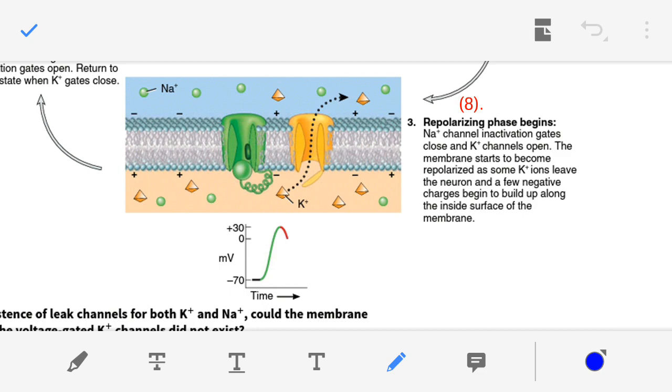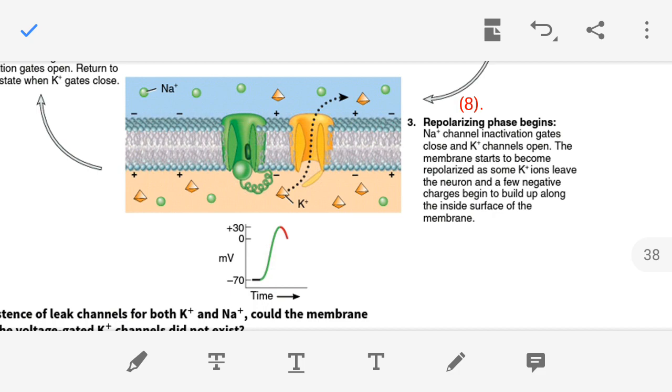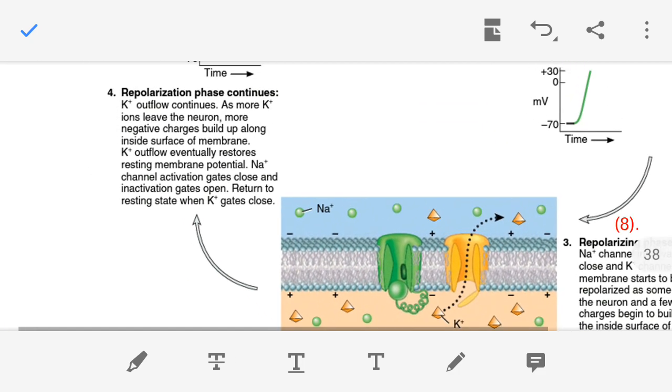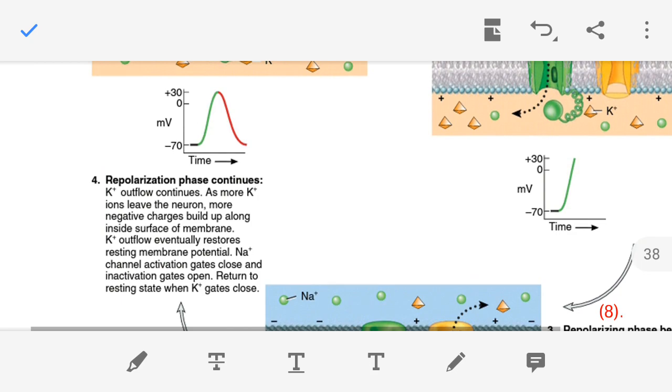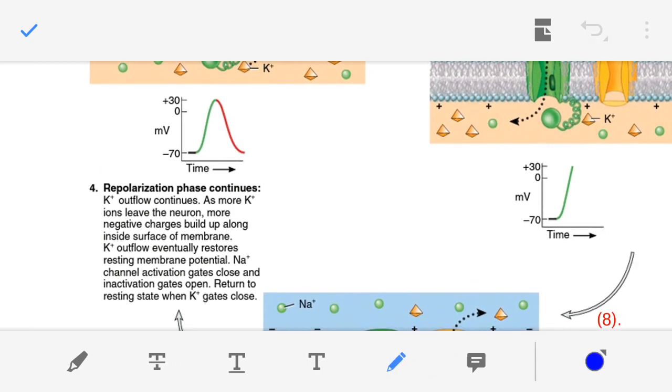So now there is a drop, and the membrane potential starts to fall and moves toward the resting membrane potential. As repolarization continues, more and more K plus flows outside, and more negative charge builds up along the inside surface of the plasma membrane.